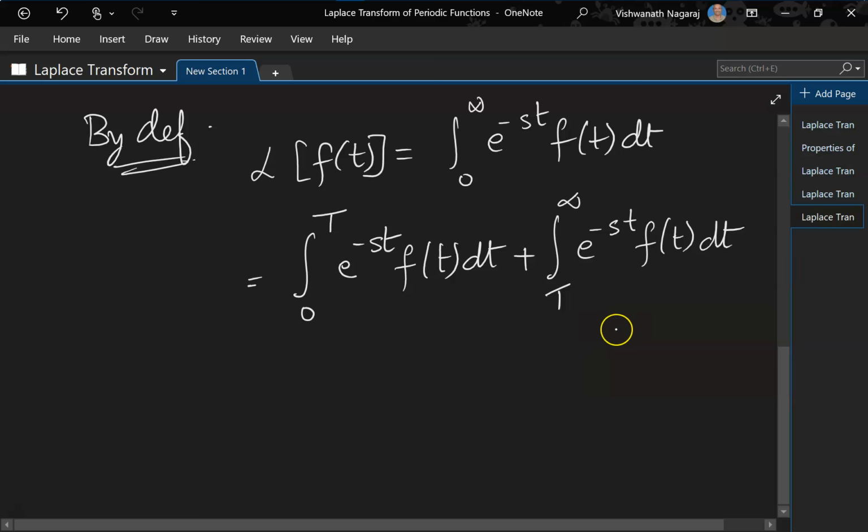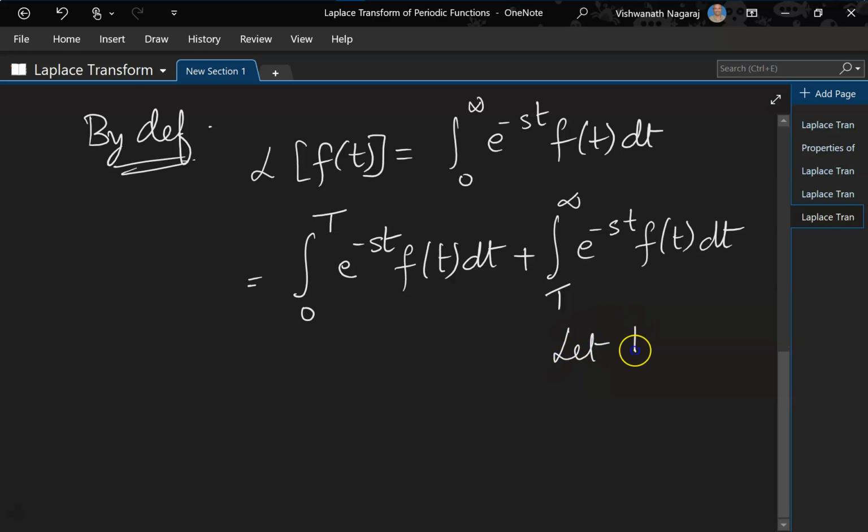So let's say that t is equal to u plus capital T. If we differentiate it, we get dt is equal to du, and our boundaries become 0, because as far as this integral is concerned that is the starting point, especially because it is repetitive in nature, and infinity will remain infinity.